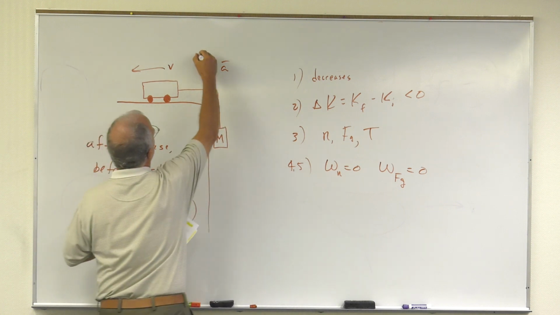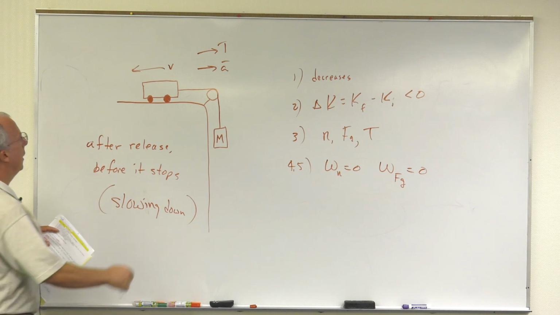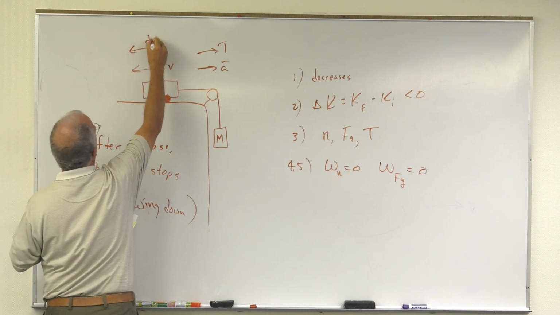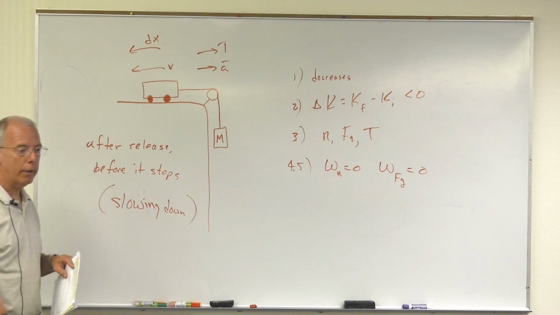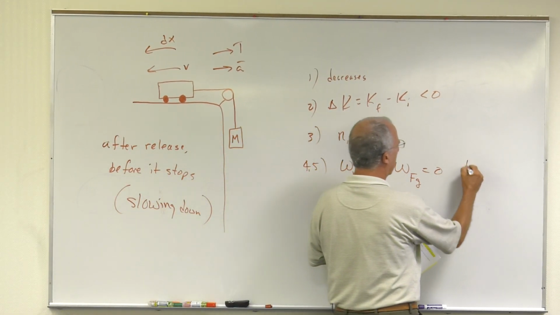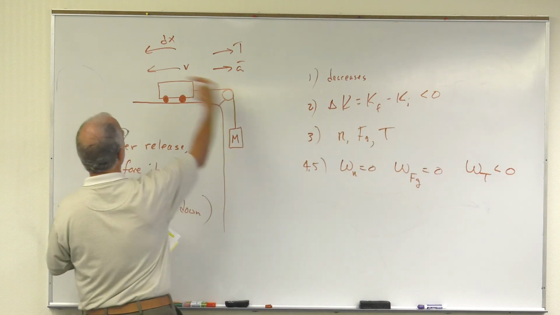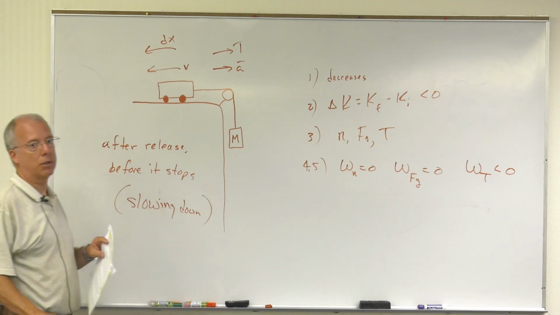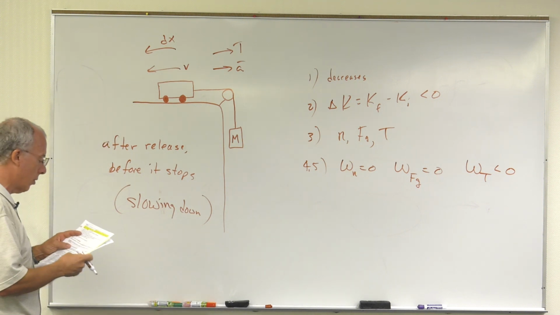So the tension force is that way. What's the angle between the ds and the tension? 180. What's cosine of 180? -1. So what's the sign of the work done by tension? It's negative. The thing's going this way, tension is slowing it down. It doesn't make it go faster, it makes it go slower.